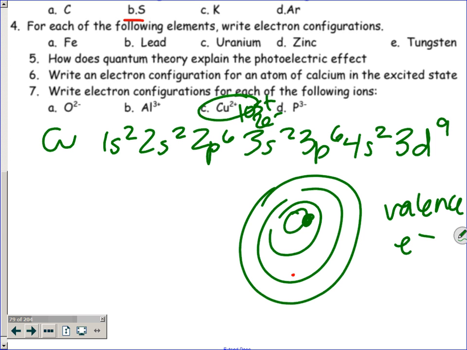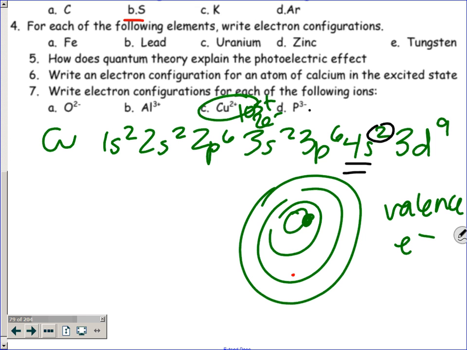4s2. Good, because 1, 2, 3, 4. 4 is the highest energy level I got to. These are the 2 electrons, right? There's 2 of them. Those are the 2 that get swiped away. They get lost. So what you would probably do for most of these first is write out the full electron configuration and then say, okay, where am I going to lose electrons, or where could I shove some more electrons? Like for oxygen, for example, what happened with the negative ones?